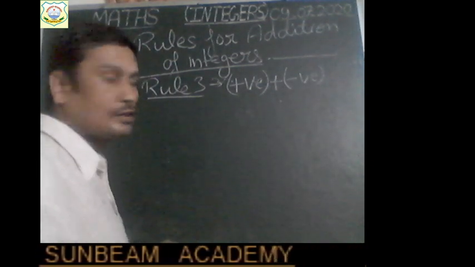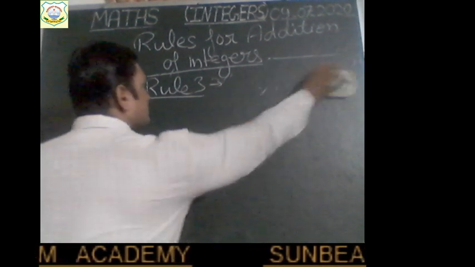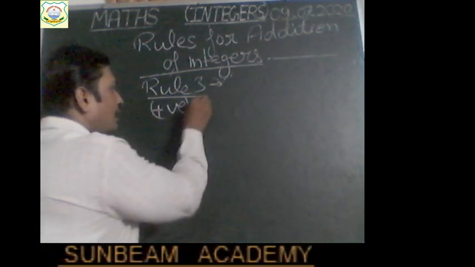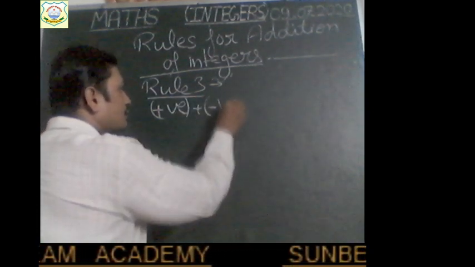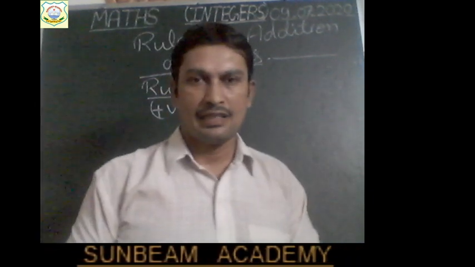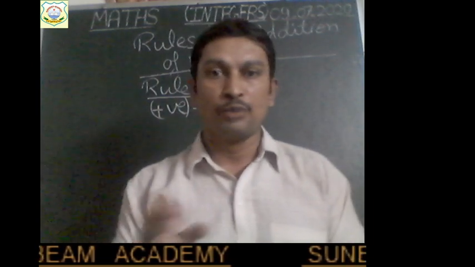Right, children? I am writing it here. Let me erase this here. First one is positive and plus second one is negative. What will happen? What happens when you have both profit and loss?